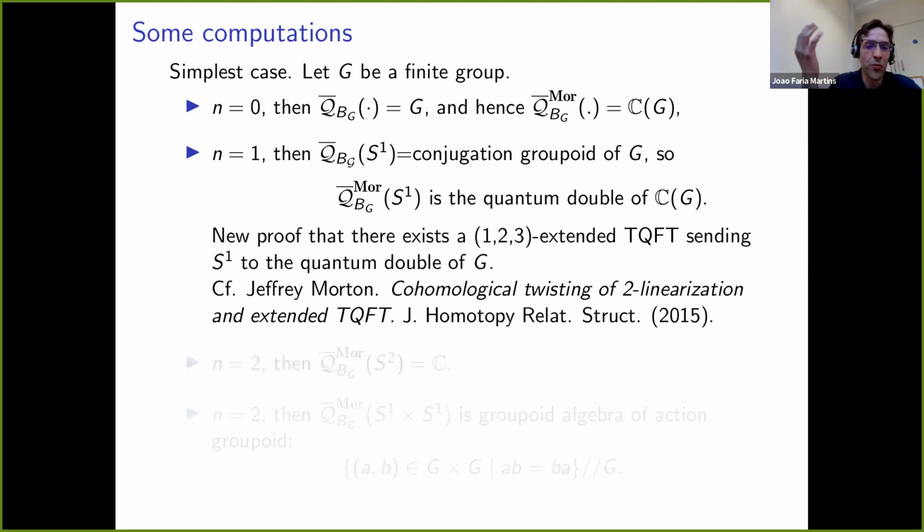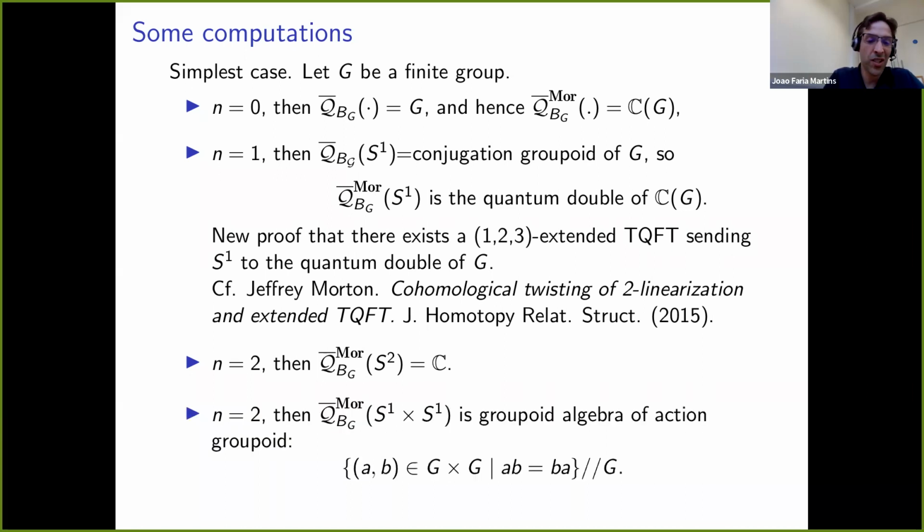This is actually a new proof that we have a 1 to 3 extended TQFT sending S^1 to the quantum double of G, which is a result by Jeffrey Morton. And from here, because it's just a group, things become slightly less interesting. The algebra associated to S^2 is C. The algebra associated to the torus is the groupoid algebra of the action groupoid: the space of commuting pairs in G times G, over conjugation by G.